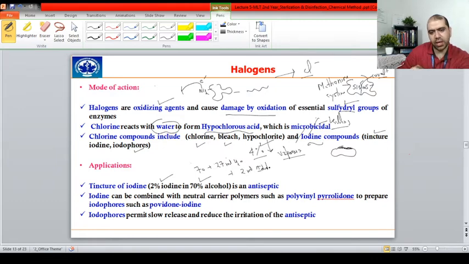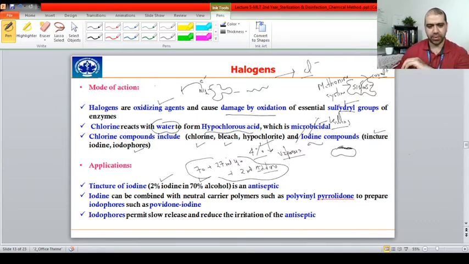Please bear with me, my handwriting is not so good, but inshallah I will try never to give a wrong concept. Okay, so this is tincture of iodine. You can prepare it, this is your 100 ml. So according to your need, you can prepare.